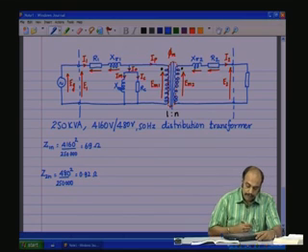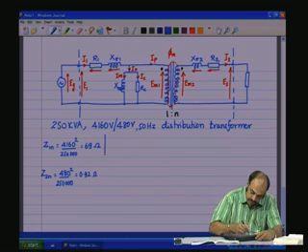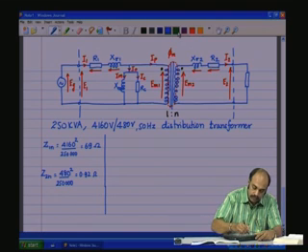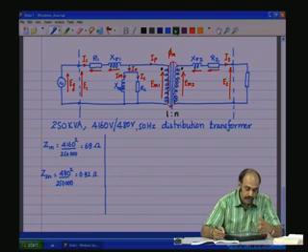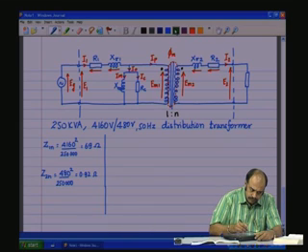Now these are the base impedances. Using these base impedances, we now evaluate the various components as given in the previous table.